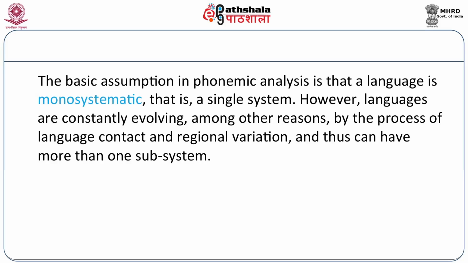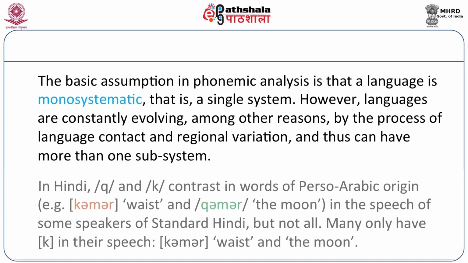For example, new sounds can come to emerge. Now, those sounds do not have the same kind of distribution as the sounds which are already established in the language. So, phenomena such as contact and historical change may give rise to systems which are not monosystematic, but which are polysystematic. Let us take a look at some examples.